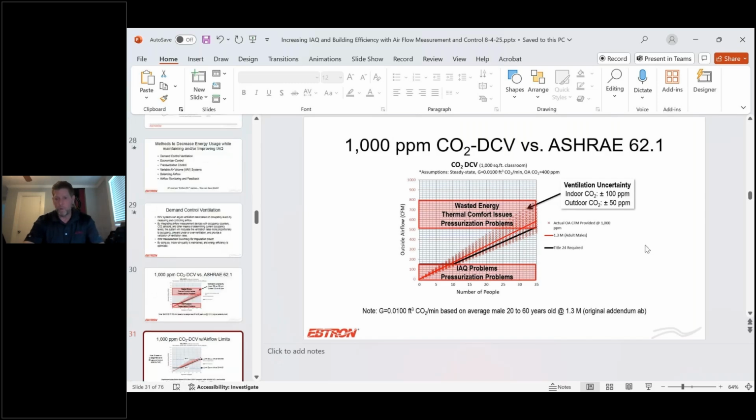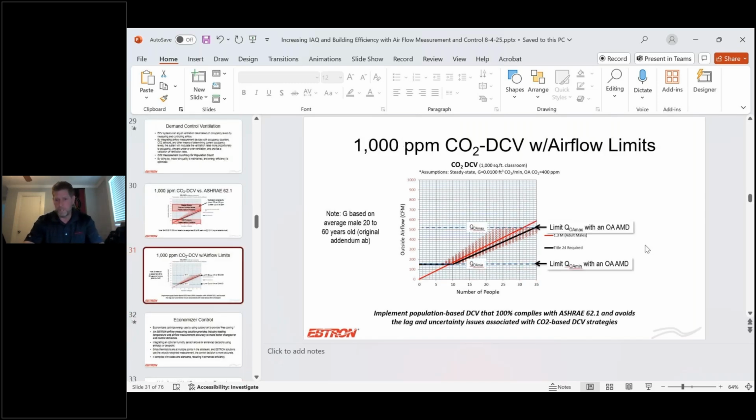So our goal is to assist our customers with design strategies and control strategies to help DCV applications work better. It's not that we want to eliminate CO2 measurement for DCV. We don't believe it's the best way to go about it, but that's not the issue.